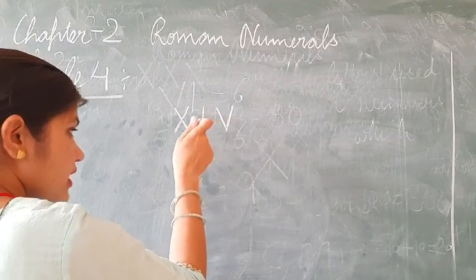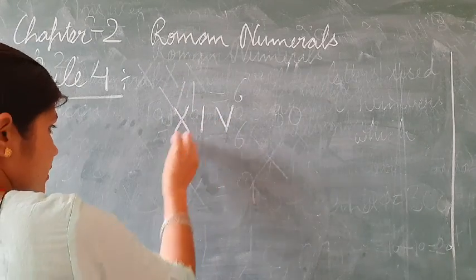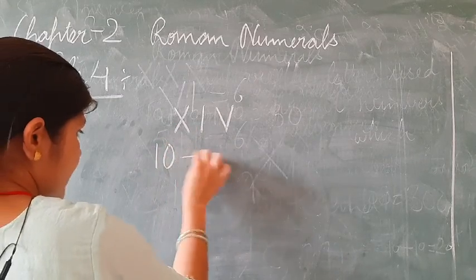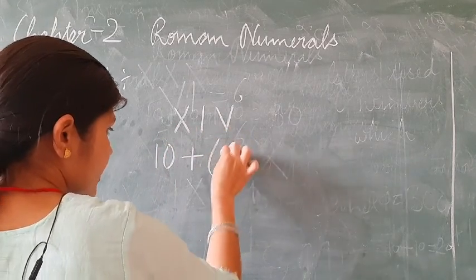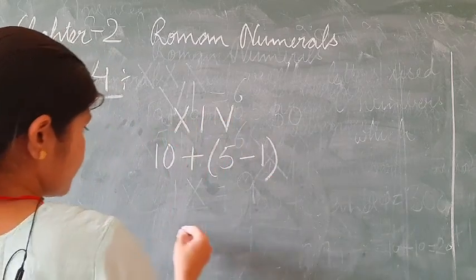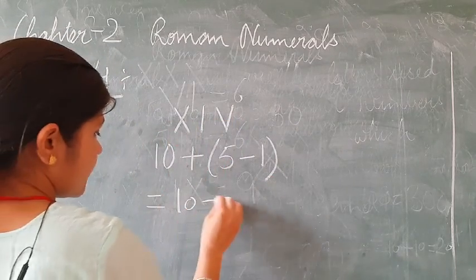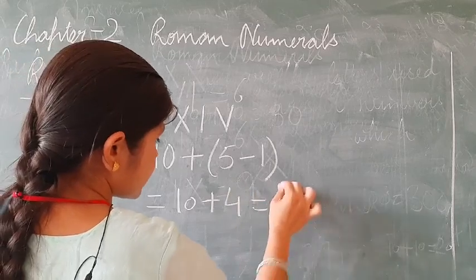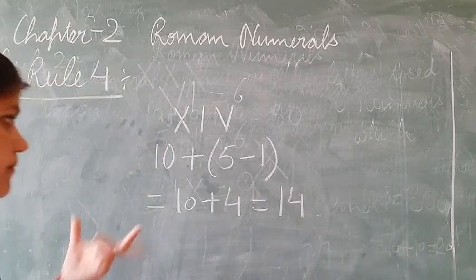So, X is 10 and V is 5 and we have to subtract 1 from 5. 10 plus 4, it is 14.